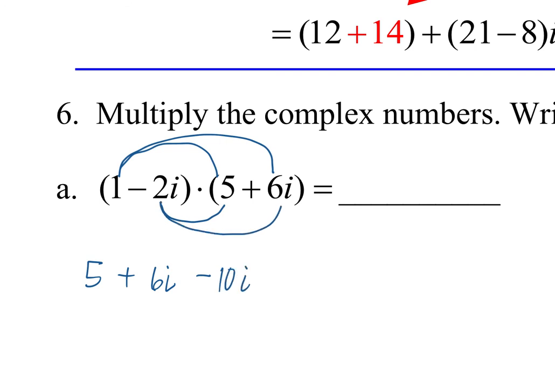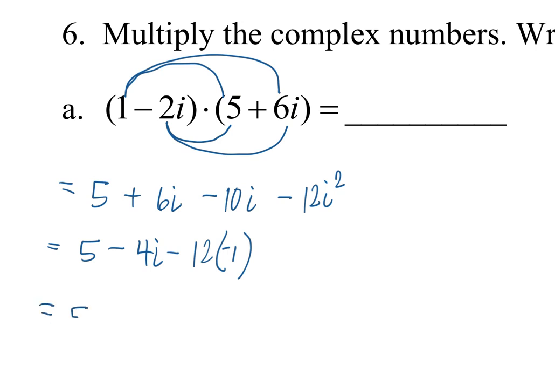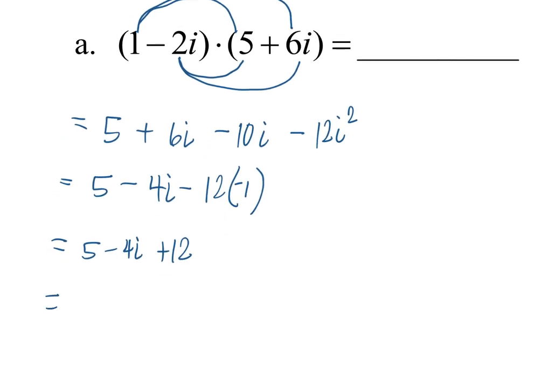And now the lasts, negative 2i times 6i would be negative 12i squared. So let's make this look better. 5, and then we have like terms with the 6i and the negative 10i. So that's negative 4i. And then i squared is equal to negative 1. So now I can call this 5 minus 4i plus 12. And 5 plus 12 is 17 minus 4i.